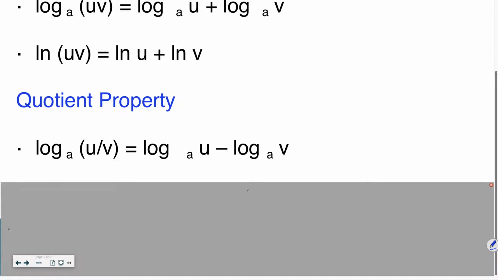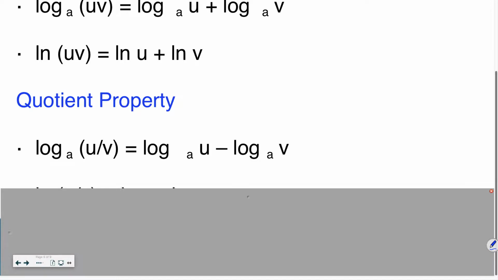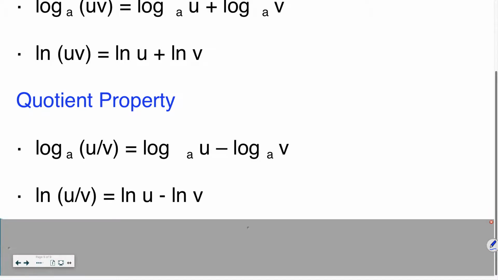Our exponents get subtracted, so our logarithms, which are exponents, get subtracted. Same thing happens with natural log. Okay, I wouldn't write it down.